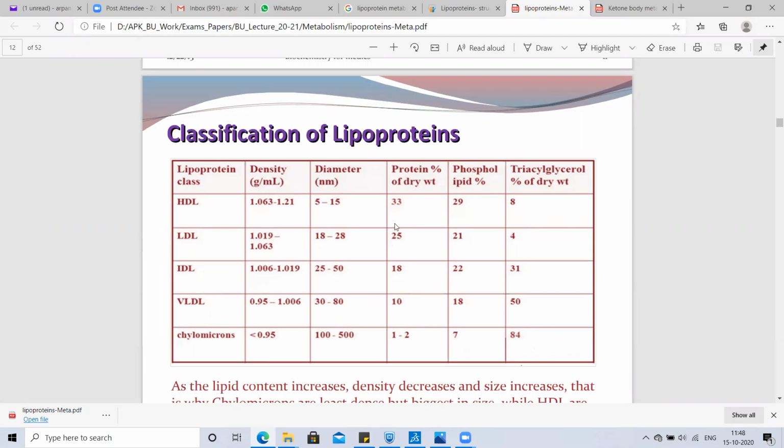If we calculate the dry weight in terms of protein percentage, HDL have the highest protein concentration and chylomicrons the lowest. Phospholipid concentration is also high in HDL compared to others. Triacylglycerol percentage in dry weight is high in chylomicrons and lowest in HDL, which is also considered good cholesterol.